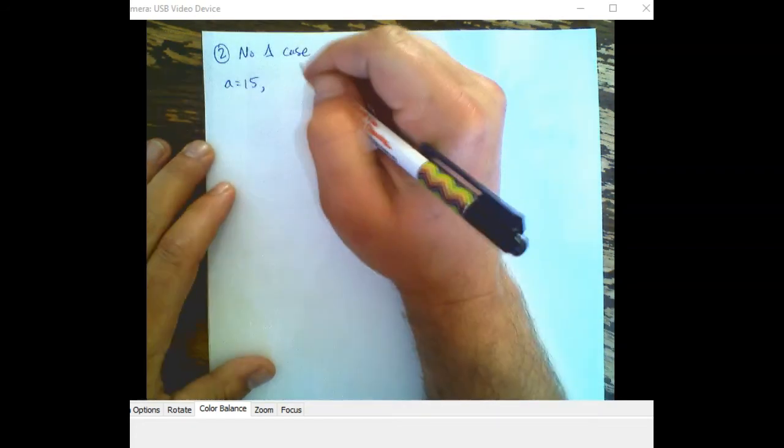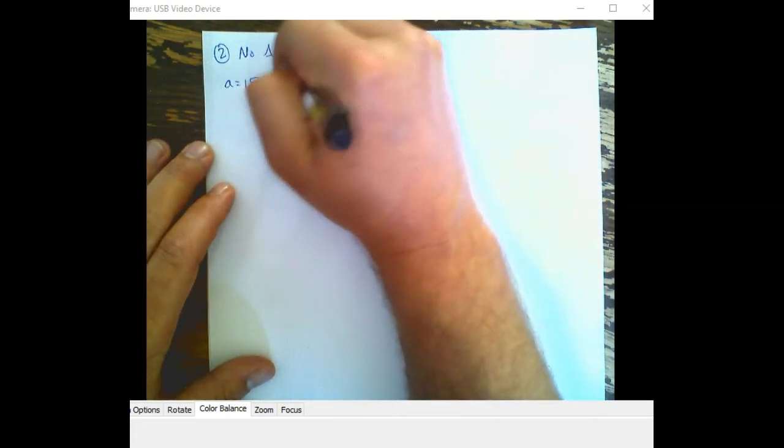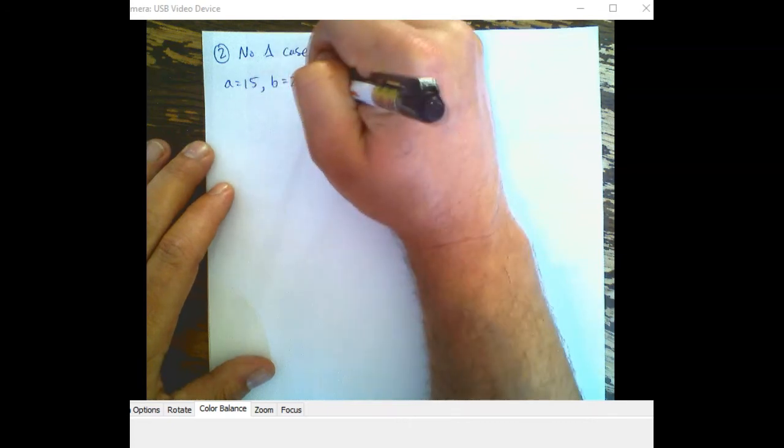So for the no triangle case, that means that the side makeup is just out of whack, so we can't generate any triangle at all. So let's say A is 15, B is 25, and alpha is 85. Okay?